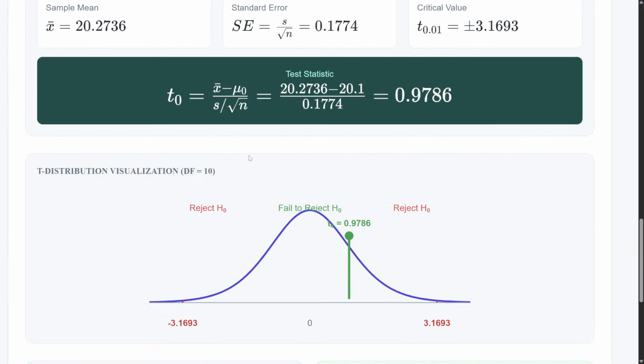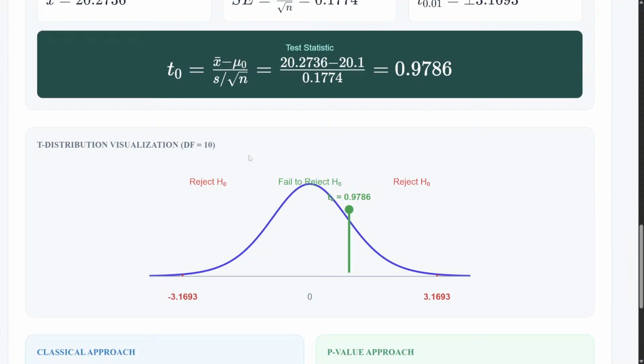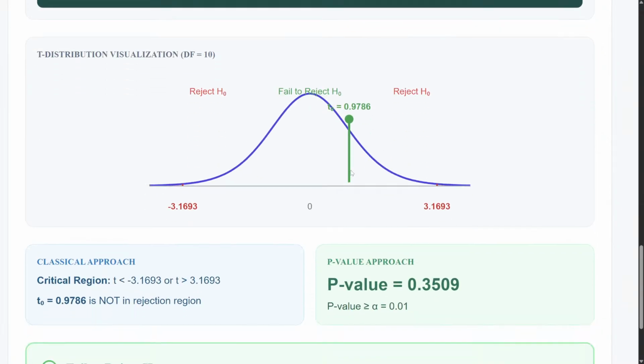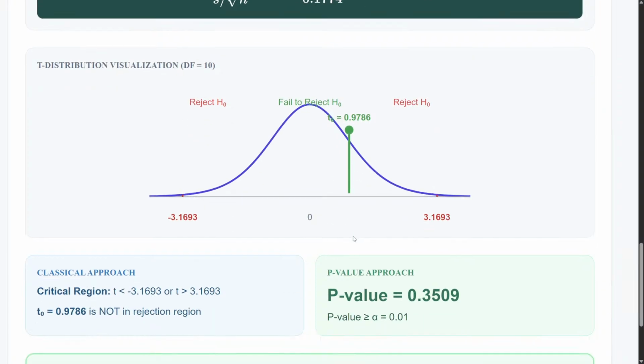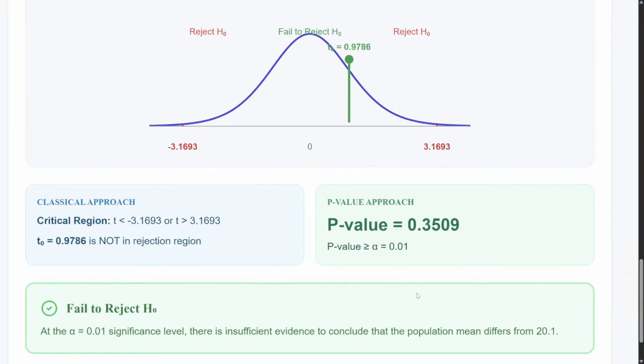So in this case, that's my value there, and we're not rejecting, we're failing to reject the null hypothesis.